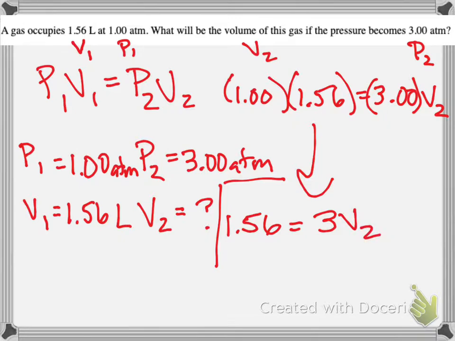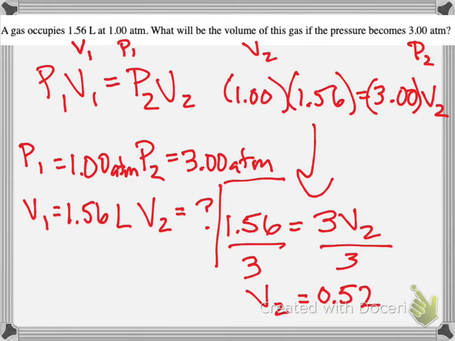So all that's left to do is to divide both sides by 3. And V2 is going to be equal to, I will admit, actually, I can do this in my head. I will admit that I should have calculated this beforehand. Doesn't make for very good viewing. But V2 is going to be equal to 1.56 divided by 3, or 0.52 liters.